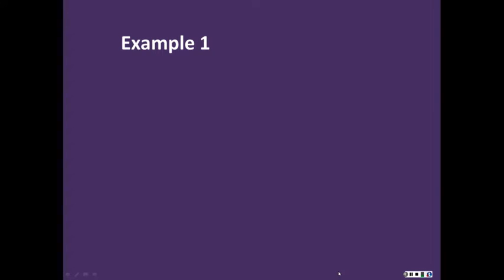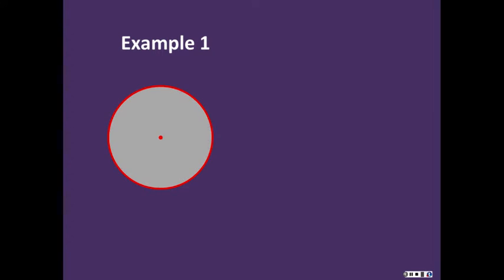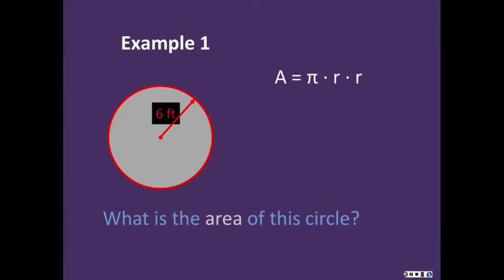All right, so let's do another example. So what is given to you in this problem here? The radius, yes. So I'm going to go 6 times 6 times pi to get the area. So what would my answer be?